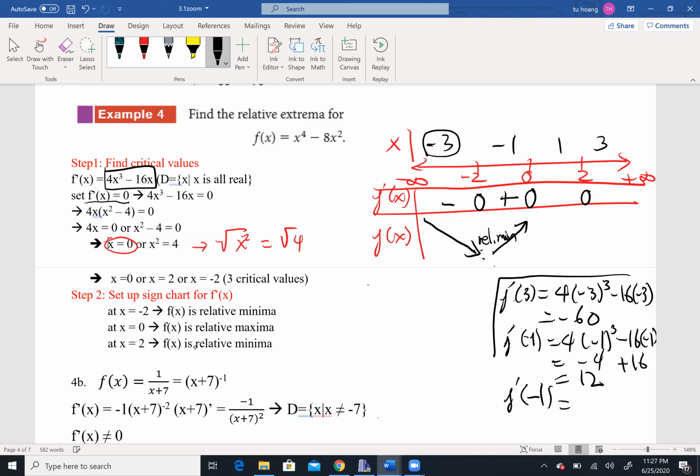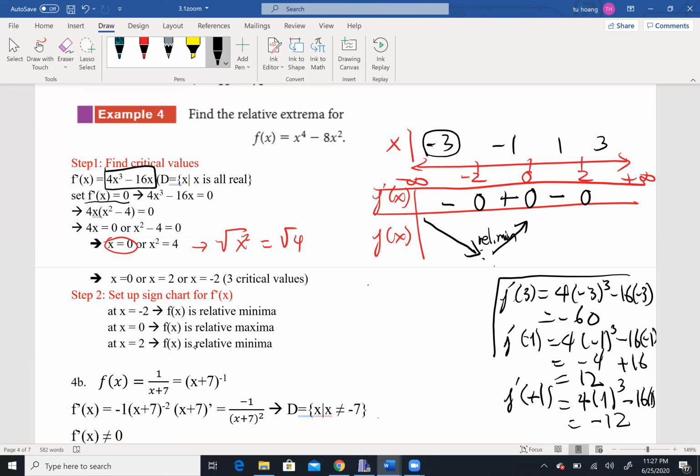You're gonna have 4 times 1 cubed. So this is positive 4 minus 16 times 1. And you will have 4 minus 16 is going to be negative 12. And that gives me a negative number. So that should be a negative.